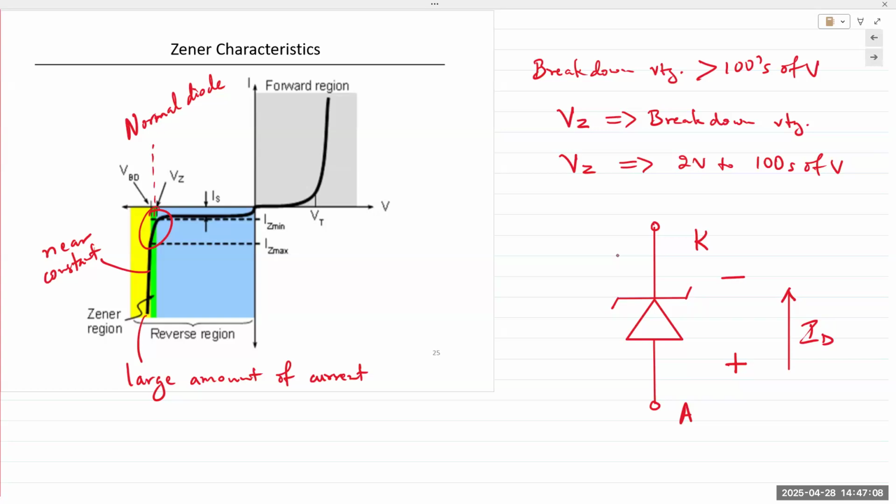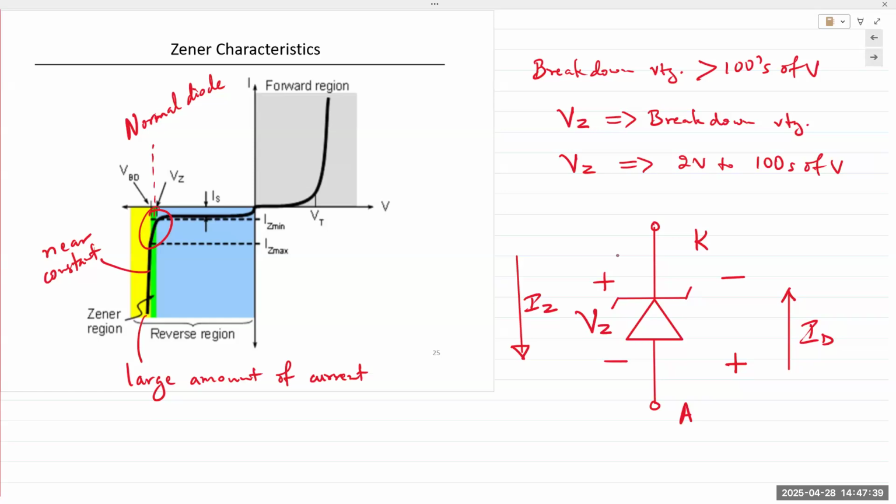Because it's operated in reverse bias, current is always flowing from cathode to anode, and voltage is always measured with the positive reference at the cathode. So VZ is the opposite of VD, and IZ, the current, is going from cathode to anode.